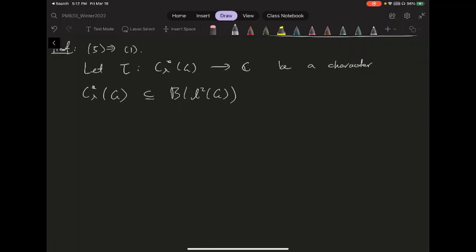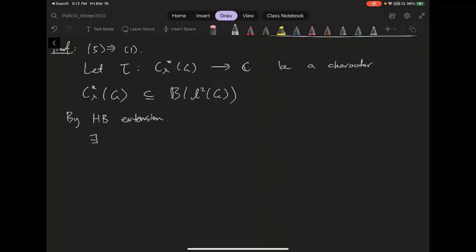Well, now you have it on a sub-algebra, and it's sitting inside a bigger algebra, so you can use the Hahn-Banach extension. By the extension, I can extend it to, well, maybe not multiplicative, but at least I can make sure it's positive on the positive operators.